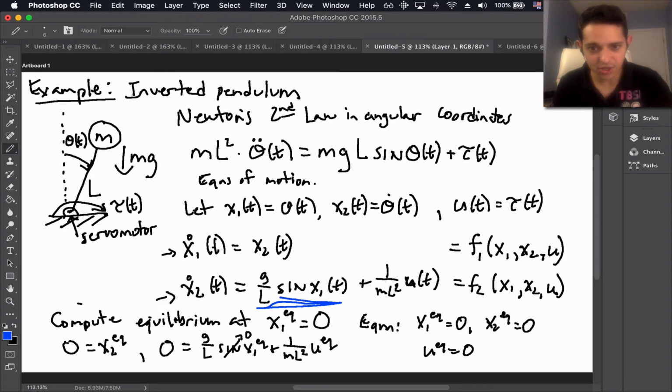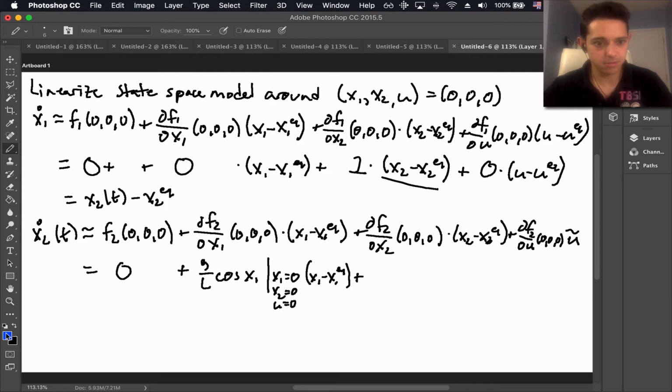So actually f2 does not depend on x2 at all. x2 doesn't even show up in this equation, so that's going to be 0. f2, the derivative with respect to u, is just going to be the coefficient here, 1 over the quantity ml squared. And then we have 1 over ml squared times u minus u equilibrium.